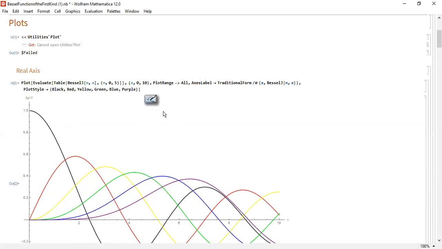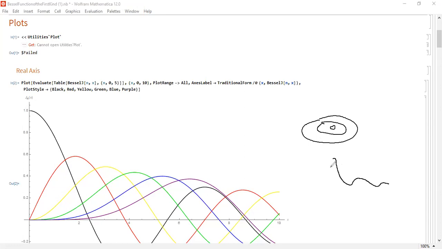The way that you should think about these, let's see if I can annotate directly on this, is a raindrop falling in a pond. So I have a bunch of circular waves caused by a drop of water falling in a pond, and the height of the water should look like this as I look in the radial direction.